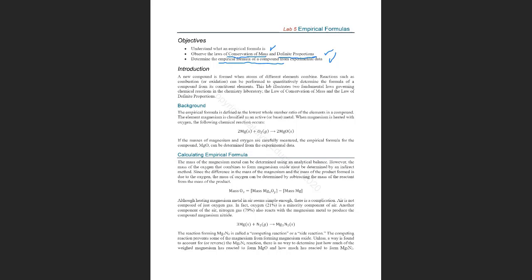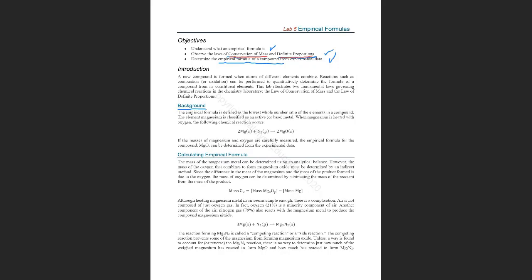So let's look at the beginning. Under background, they are talking about what an empirical formula is. But before that, I would like you to understand what it means in the objectives where it says observe the laws of conservation of mass and definite proportions.